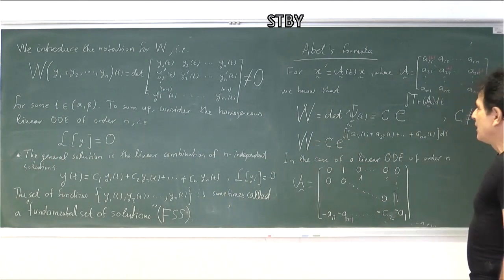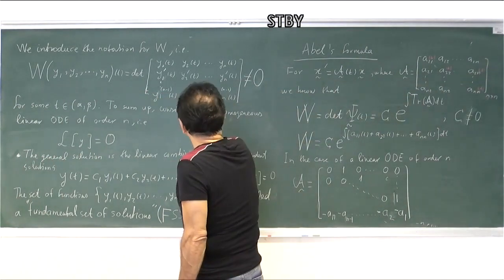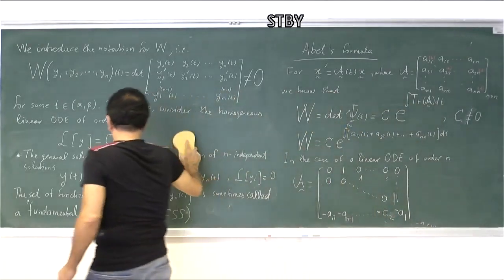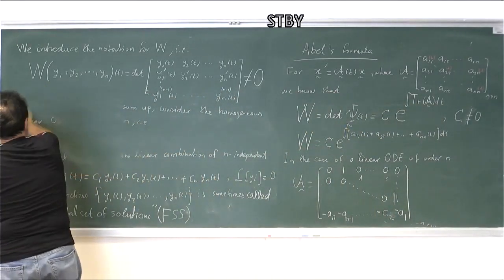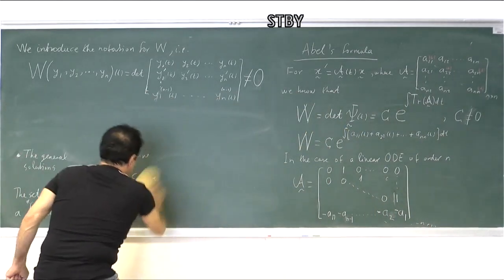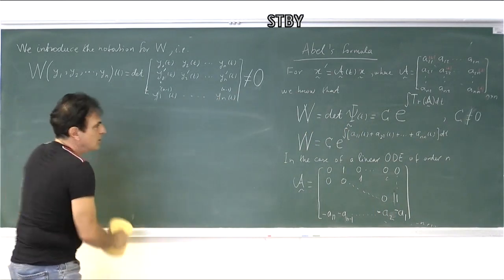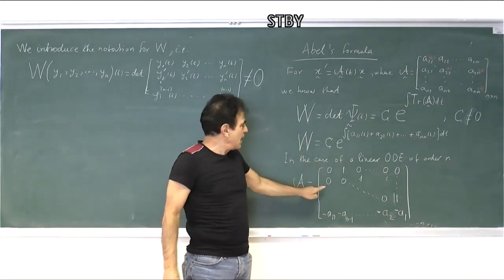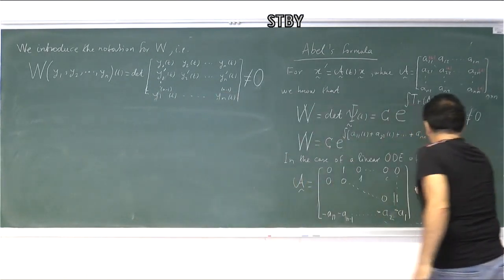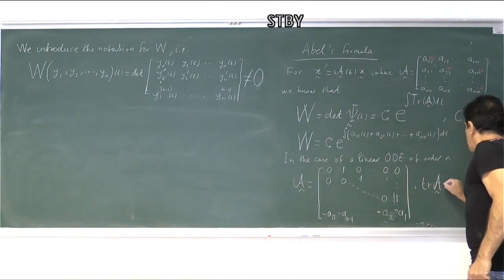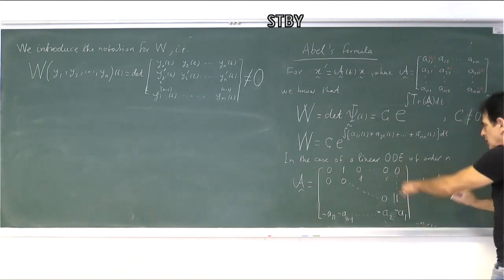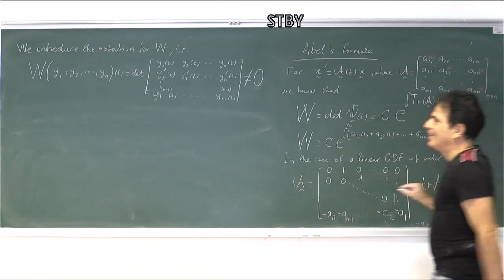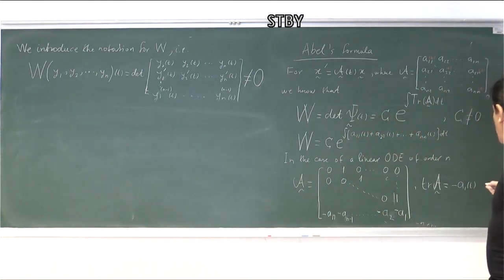So in this case of a linear ODE of order n, the system representation has this coefficient matrix, and therefore the trace of this matrix is simply minus A1 of t, the coefficient of the n minus first derivative term.